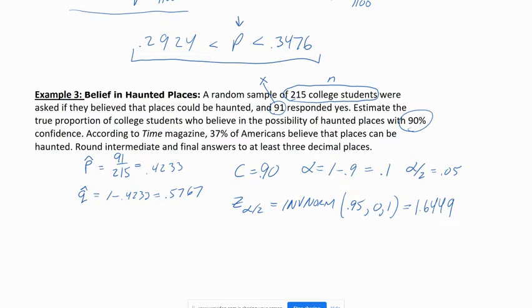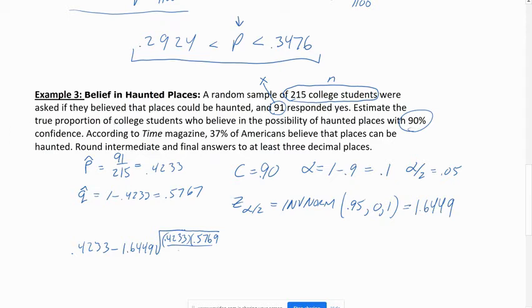And so I believe now we have enough to calculate our interval. Remember, it's p hat on this side, so 0.4233 minus our Z value, which is 1.6449, times the square root of 0.4233 times 0.5767 divided by n.